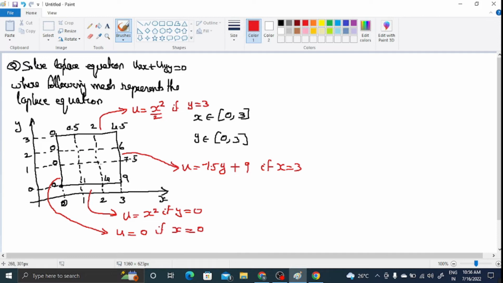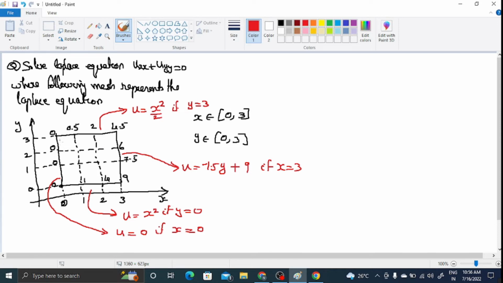Instead they will give the boundary equations, like: solve the Laplace equation uxx plus uyy equal to 0 for the region x from 0 to 3 and y from 0 to 3 with the boundary equations u equal to x square by 2 if y equal to 3, u equal to minus 1.5 y plus 9 if x equal to 3, u equal to x square if y equal to 0, and u equal to 0 if x equal to 0.